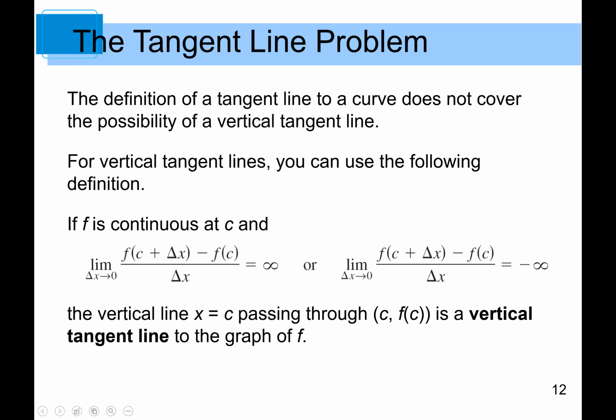If f is continuous at c, and the limit as delta x approaches 0 of f of c plus delta x minus f of c over delta x equals infinity, this is positive infinity, or the limit as delta x approaches 0 of f of c plus delta x minus f of c over delta x equals negative infinity, then at the point (c, f of c), we have a vertical tangent line. Okay, so if either one of these is satisfied, then we have a vertical tangent line.